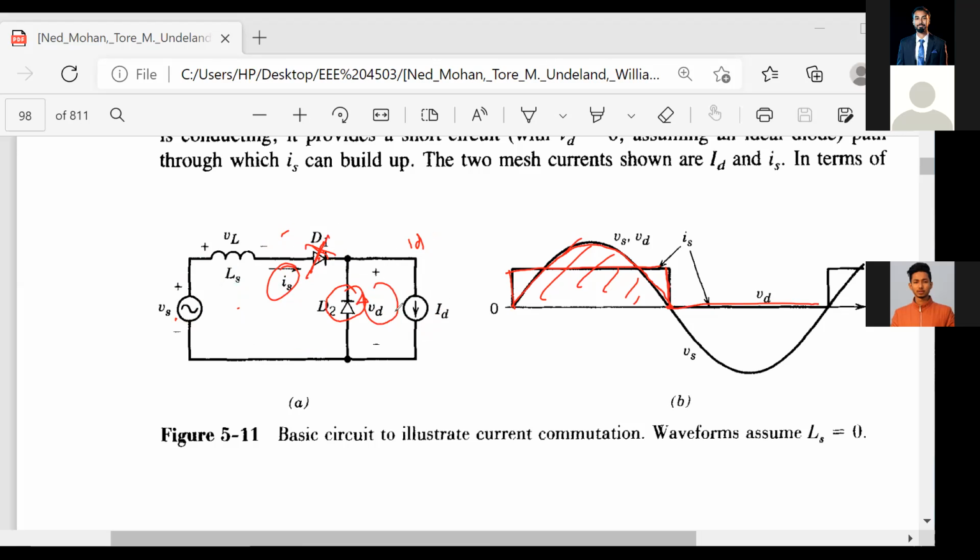ID current will be as usual, and since the diode will be conducting, it will short circuit, and then the voltage of the diode will be switching. Right? We have covered until this one, and then if this is your output voltage just like the half wave rectifier.